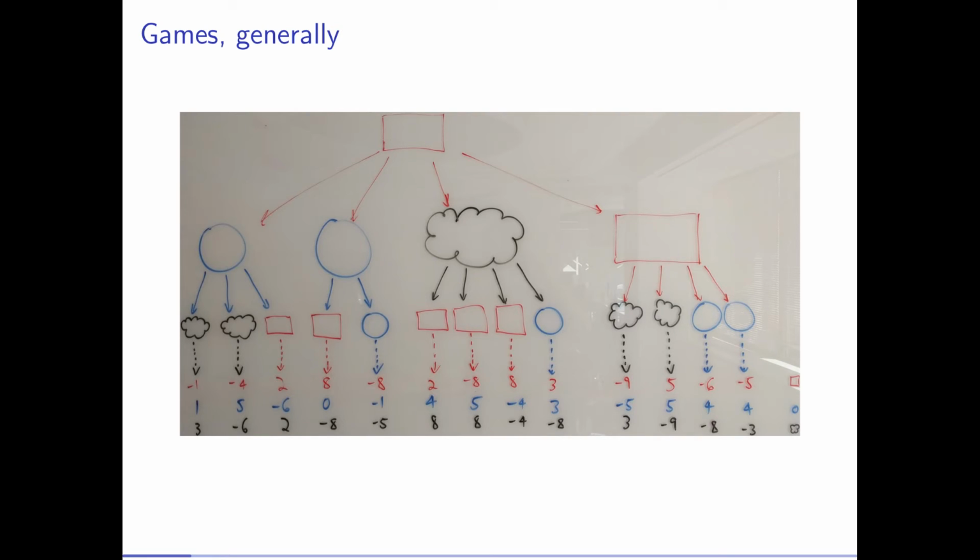In the diagram I have on the screen right now, there are 3 players: box, circle, and cloud. And at any given moment in the game, it is one of the players' turns to make a decision. And once they've made a decision, they advance the state of the game to a new state, and then it's maybe a different player's turn, or maybe not.